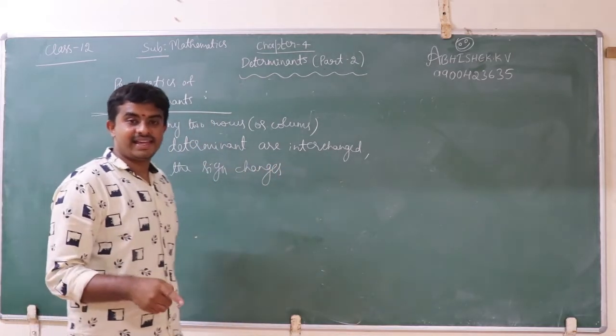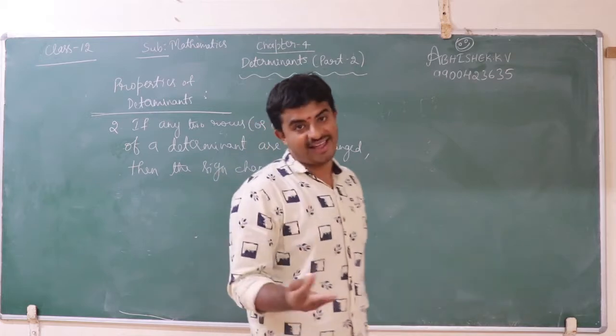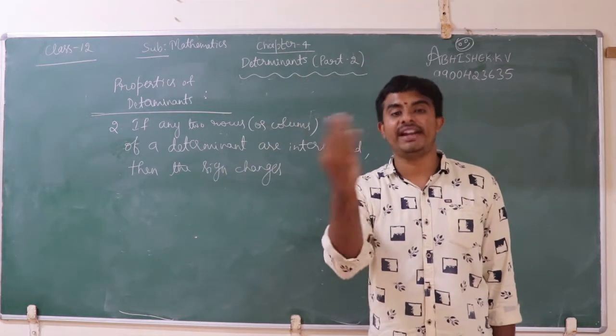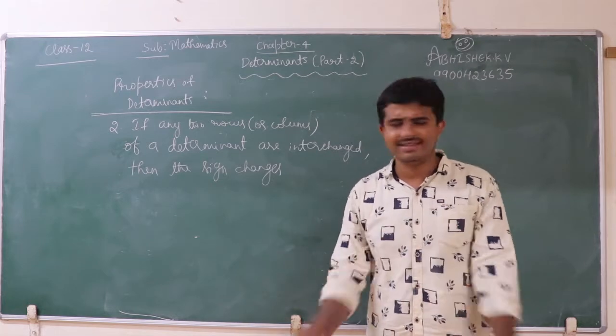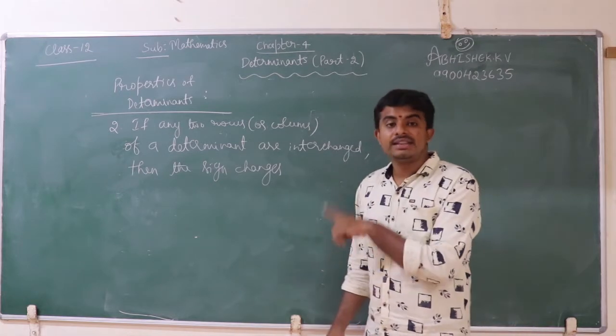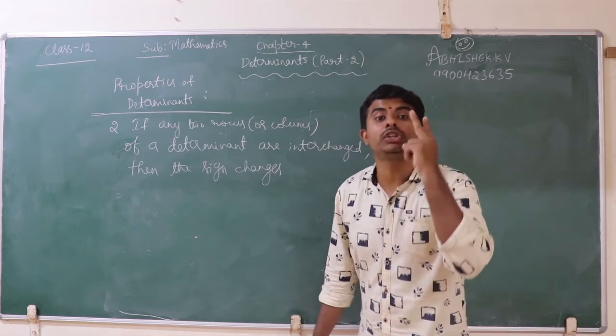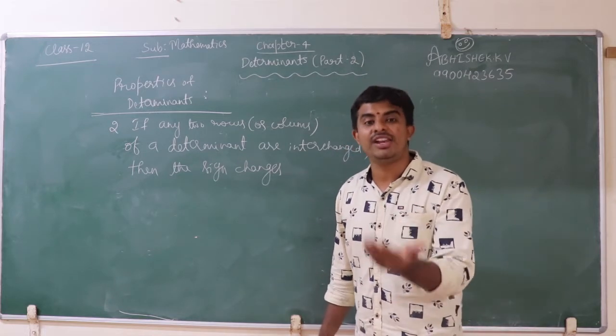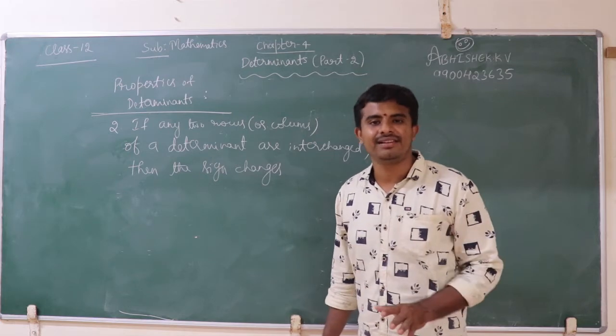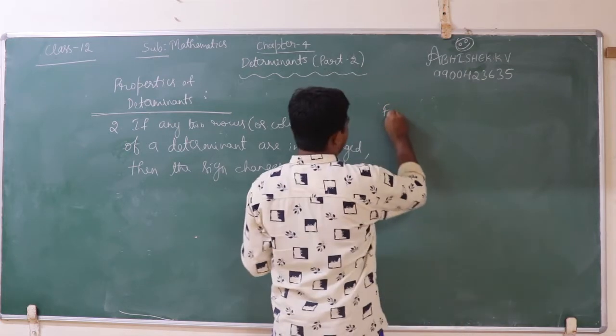The first property says that if all its rows and columns are interchanged, the value is unchanged. Here, the second property says if any two rows or two columns are interchanged, then the value of the determinant changes its sign.